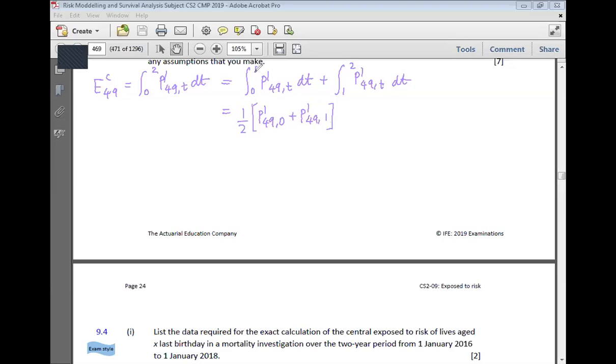And the year I'm looking at is 1 minus 0, so multiplied by 1 as it is, which I'm not going to write here. Plus, this will be a half of P-49 at time 1 plus P-49 at time 2. And now if you see, we have a half of P-49 one here and a half of P-49 one here. So all you can do is rewrite this thing as something like this. Does this make sense to you guys?